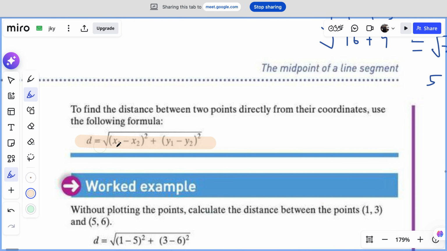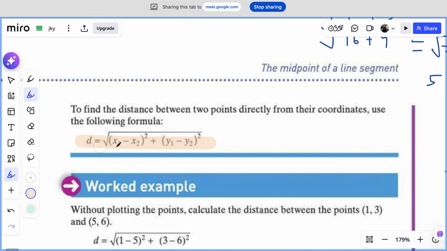Now how do we find it? x2 is 5. What's x1? 1. So we're going to say 5 minus 1 squared. Plus, let's do the y2 minus y1 squared. What's our y2? 6.